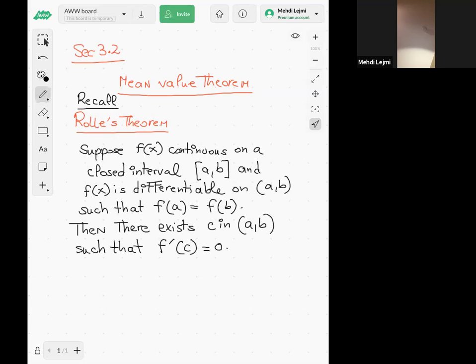That's why we have this number c such that the derivative at c is equal to 0, because f of x has either a global maximum or a global minimum on this interval, and that's why such a number c exists.